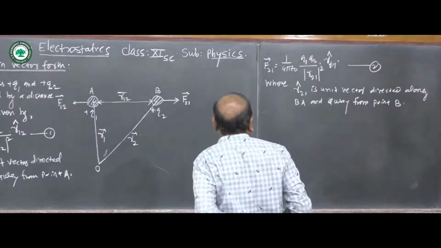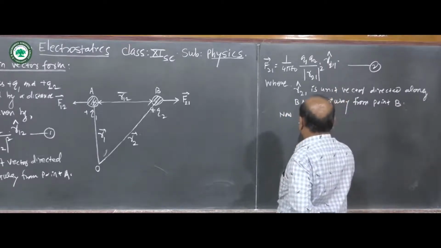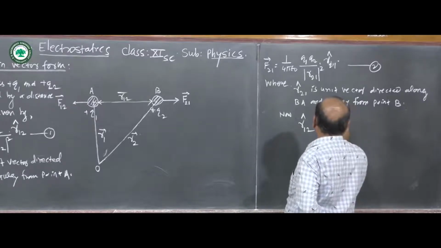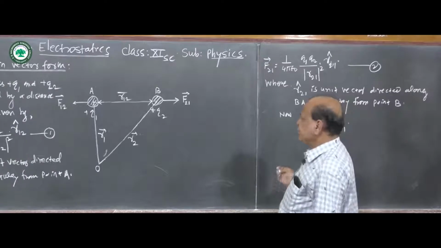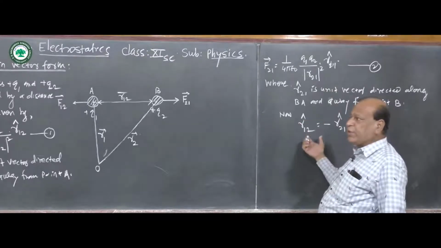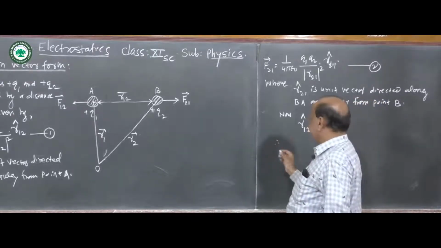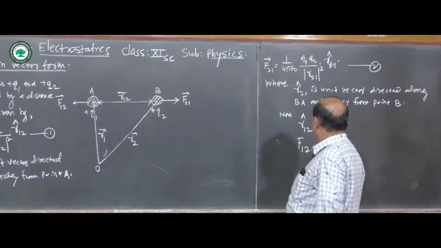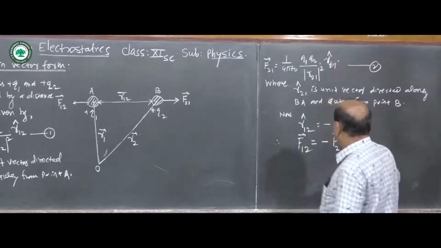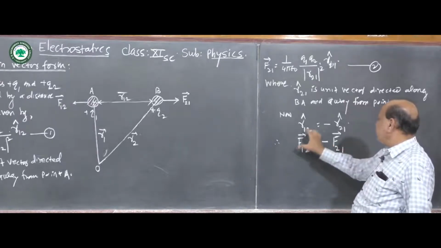Now from equations 1 and 2, the directions of these unit vectors are such that R12 cap is equal to minus R21 cap. It means the directions of these unit vectors are opposite to one another, but their magnitudes are the same, and therefore we write that the force on charge 1 due to charge 2 is equal to minus F21 bar, that is the force on charge 2 due to charge 1.